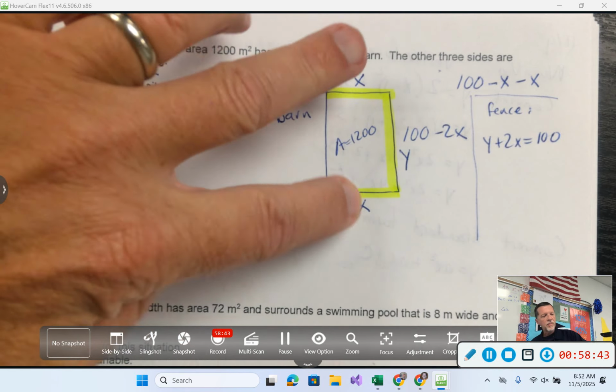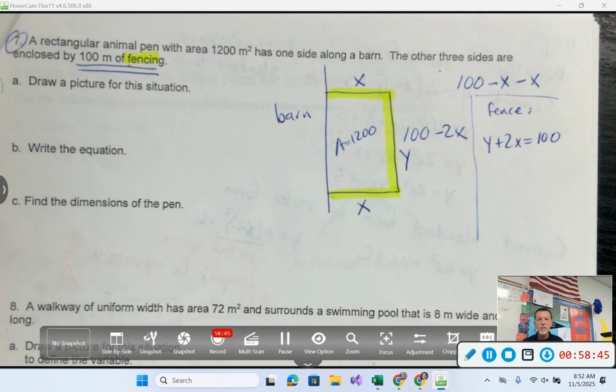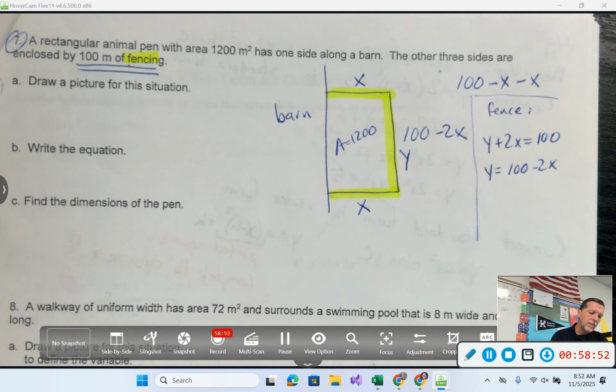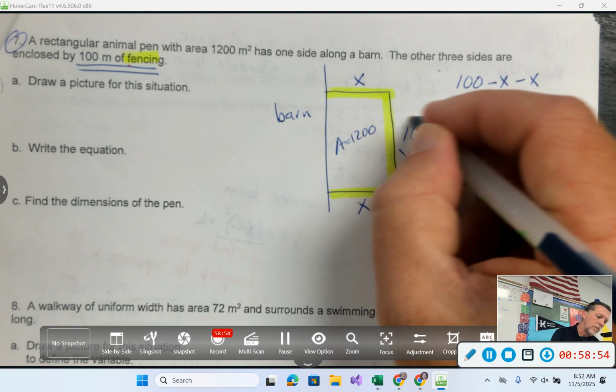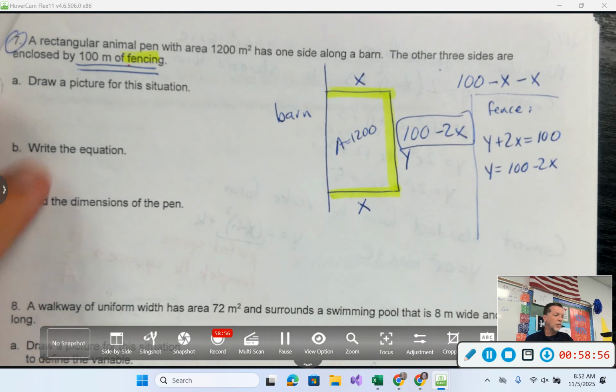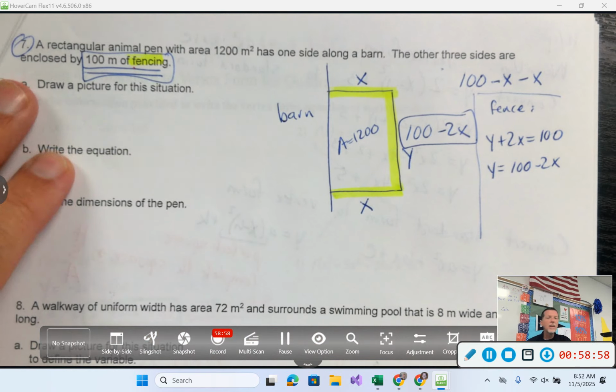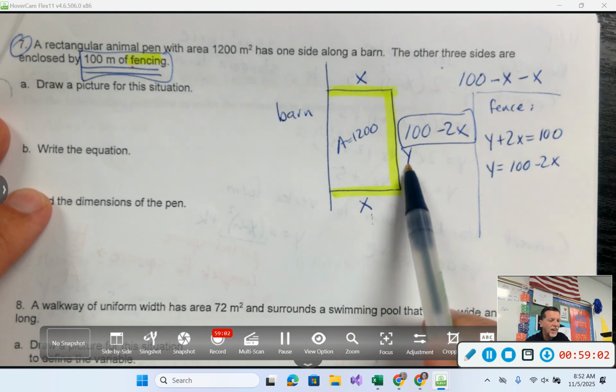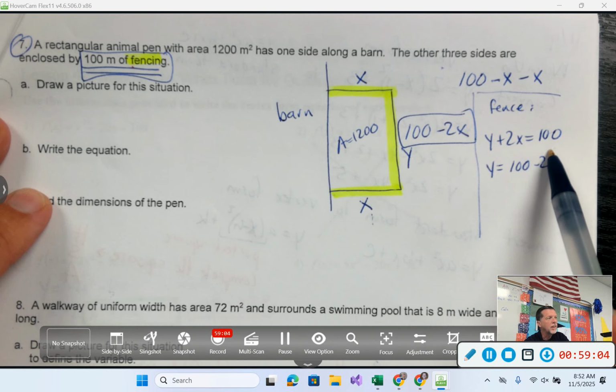That side plus those sides equals 100, which now means that side is 100 minus 2x. So we get there one way or the other, because it told me there was 100 meters of fencing. So these 2 sides plus this side has to equal 100.